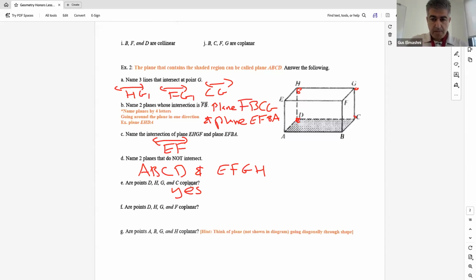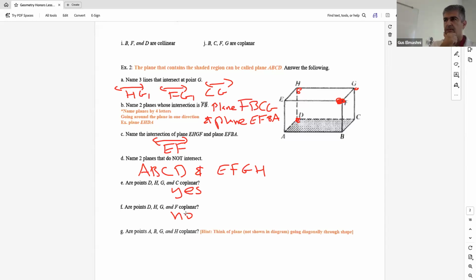How about D, H, G, and F? Yes or no? Can you get all that in one plane? It's kind of weird, right? No, we can't. You get HGF or DHF or DHG, but that's not going to all fit on a plane.